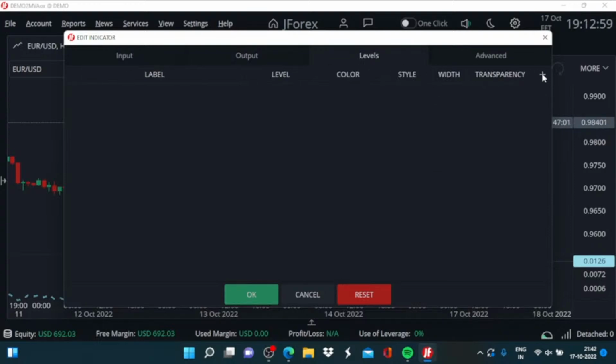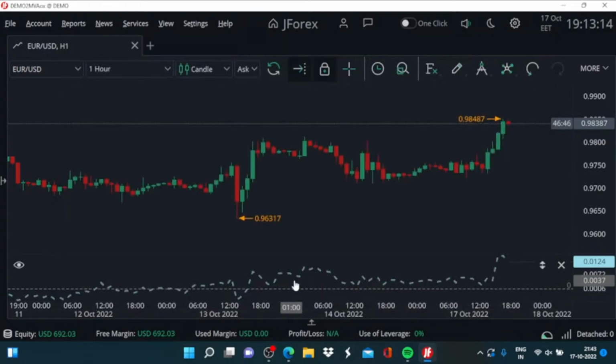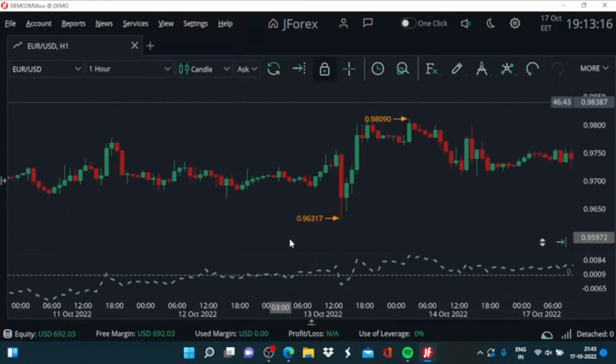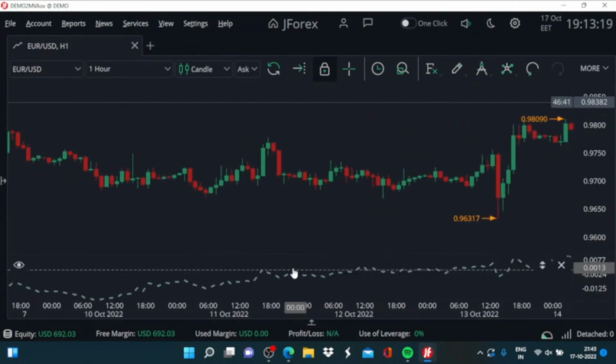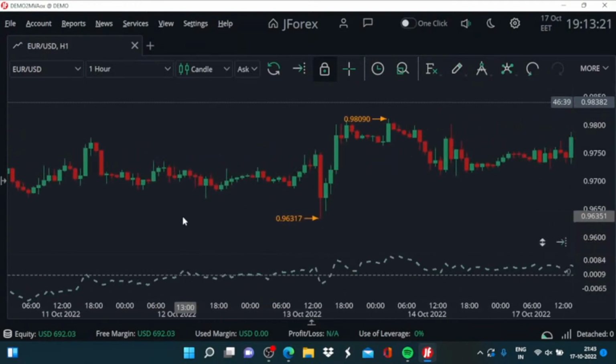You can also add something like a level, defined level. Suppose if you want to know when the momentum is shifting from bullish side to bearish side or from bearish side to the bullish side, you can define this 0 percentage output as a critical factor, so it becomes easier for you to understand whenever there is momentum change.